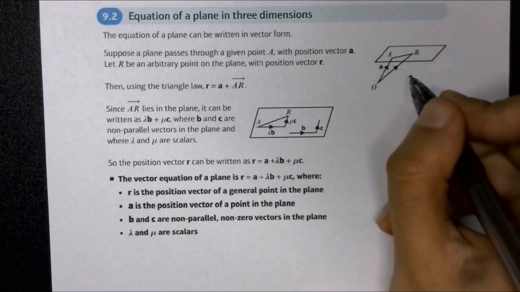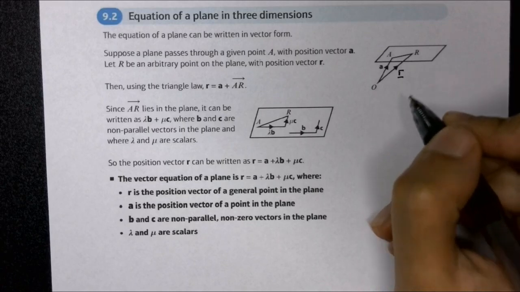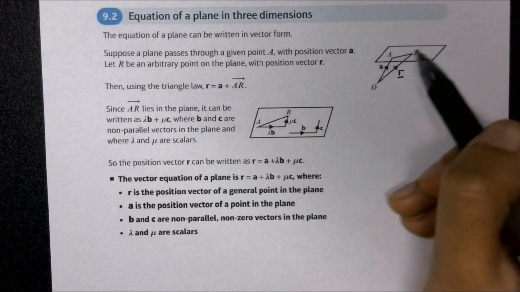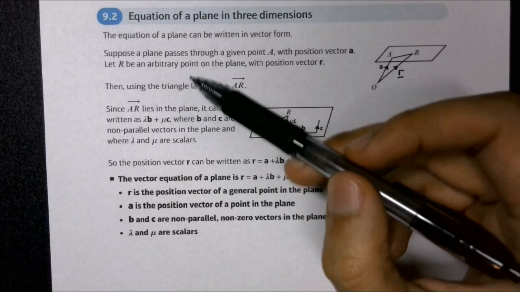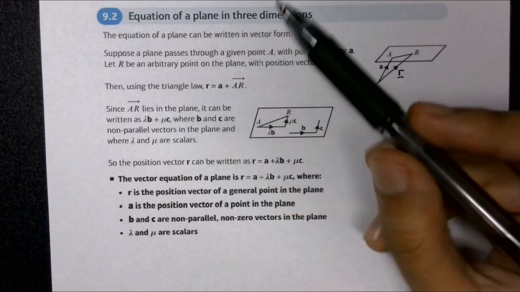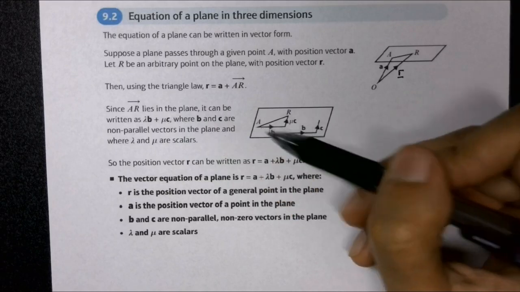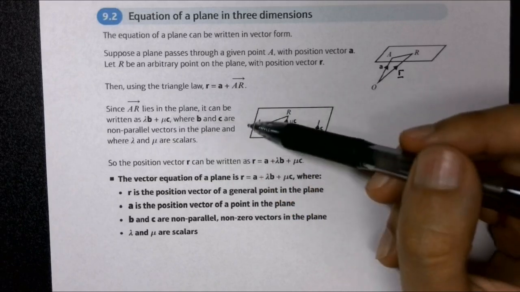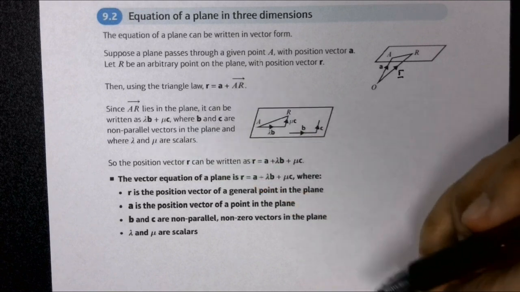Okay, so here we have the vector R. And since AR lies in the plane, as we see in this diagram over here, it can be written as lambda lots of B plus mu lots of C, where B and C are non-parallel vectors in the plane and lambda and mu are scalars. And we've just discussed all of that.